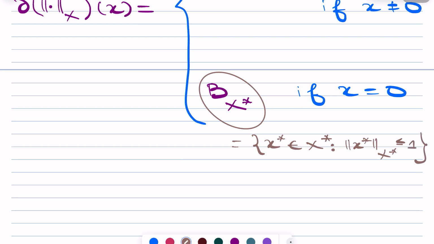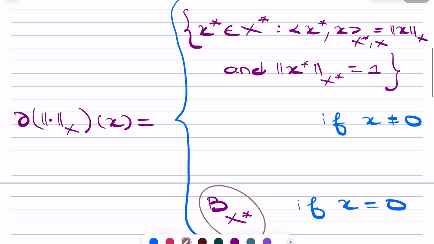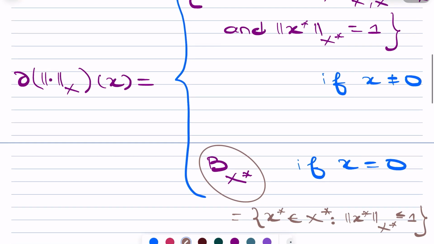So this is what the convex subdifferential of the norm function looks like.